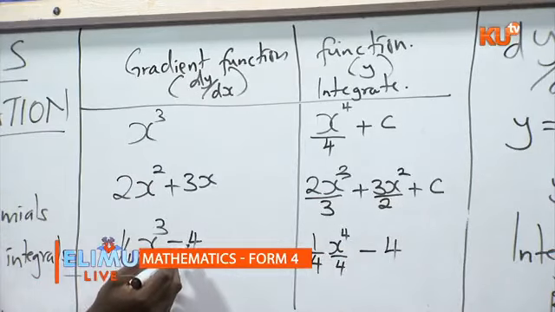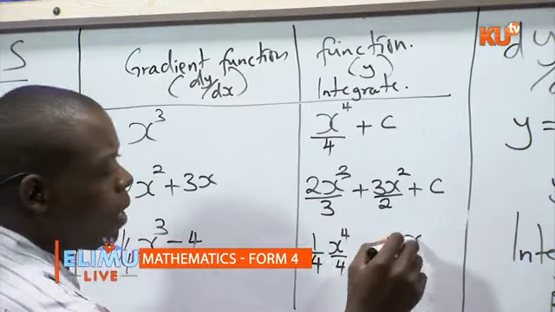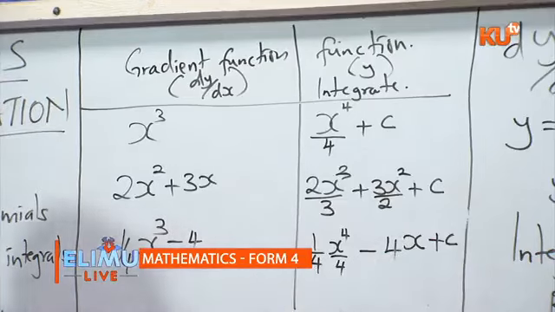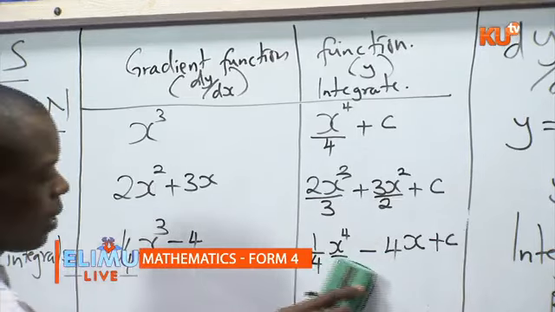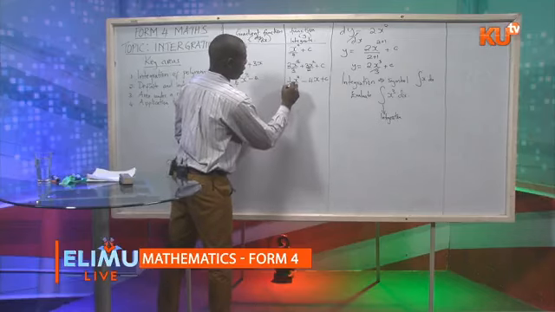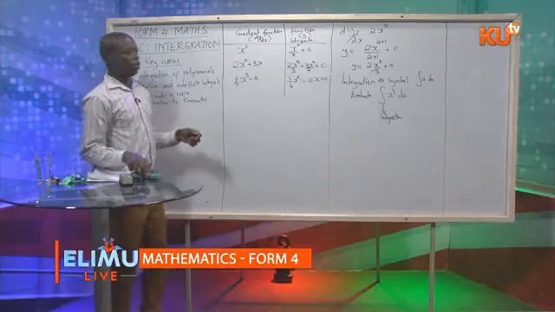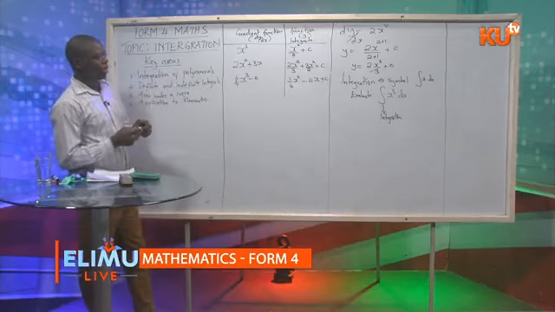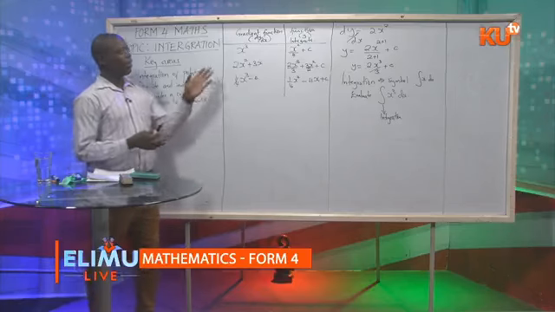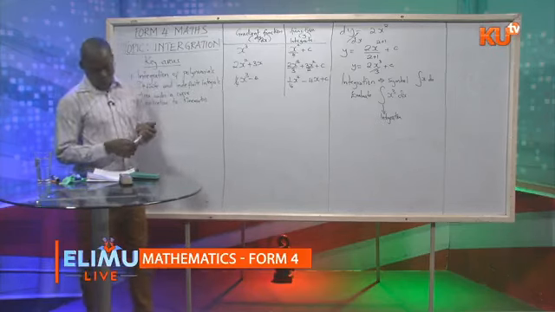Now at this point, x is power 0, and so x now becomes power 1, then plus a constant c. So if we work out a quarter, this is 1 over 4 and 1 over 4, we shall have 1 over 16. 1 over 16 minus 4x plus c. So this is how we carry out integration when you're given the gradient function, which is the value for dy dx.